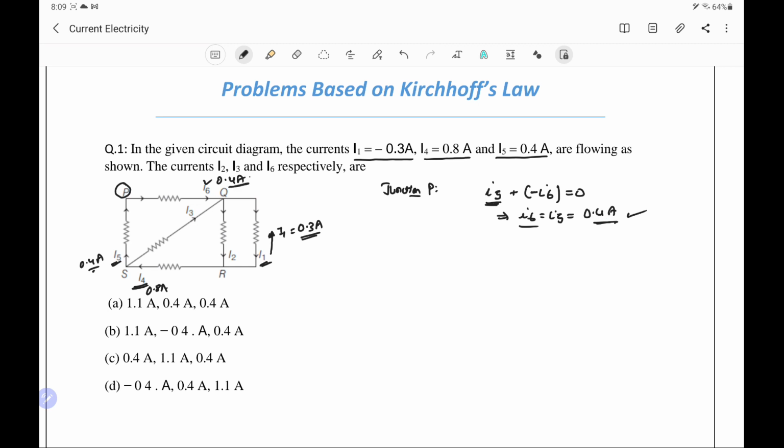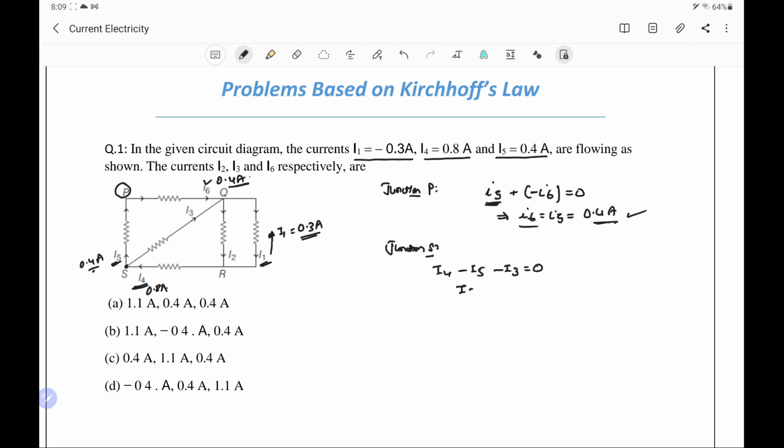Next, we have found I6. Now we have to find I2 and I3. Suppose we take the junction point S. At S, incoming current is I4, so it is positive, and the other two currents are outgoing currents, so it is minus I5 and minus I3, and it is equal to 0.